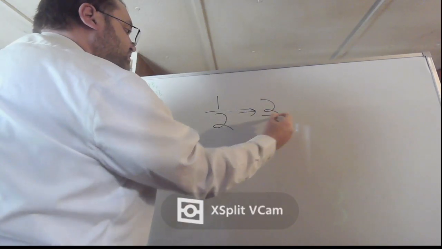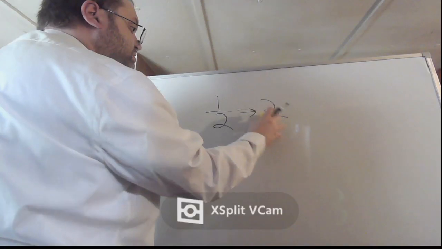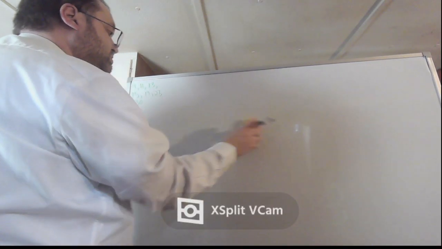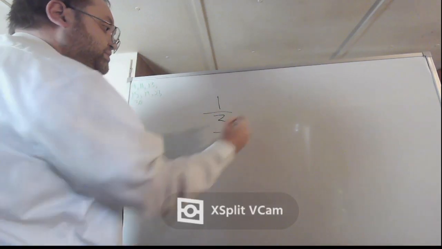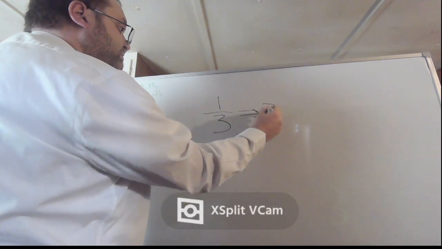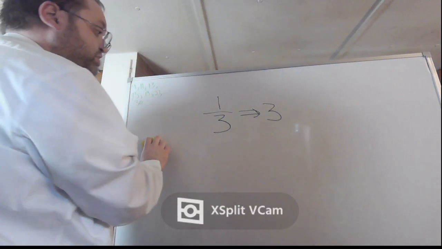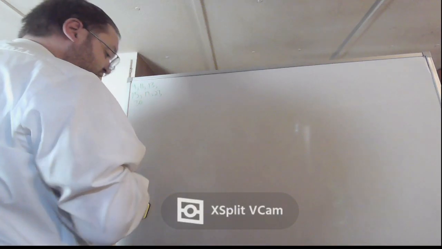You could say 2/1, but it would just be 2. So the whole number 2 would be the reciprocal. Again, let's say 1/3. Reciprocal of 1/3, that's just going to be 3. So just switch the numerator and denominator, and you have the reciprocal of the fraction.